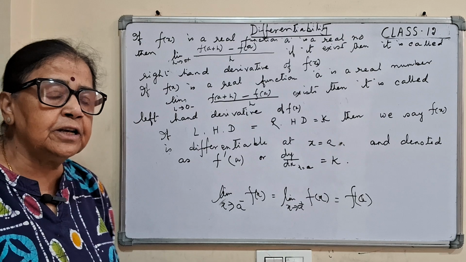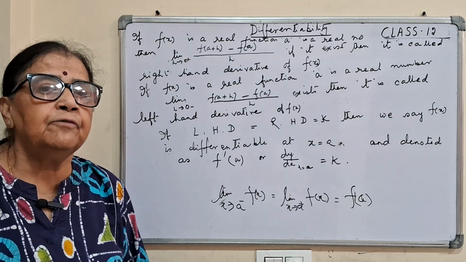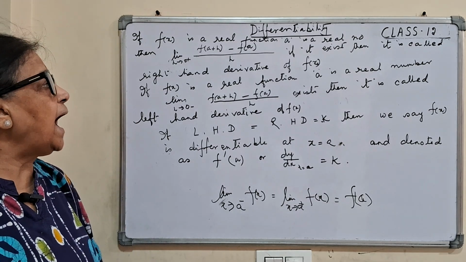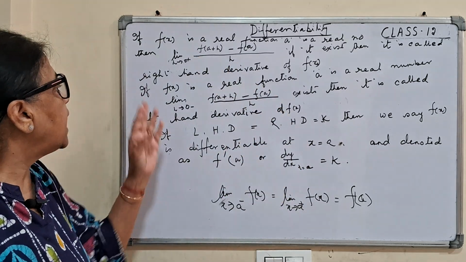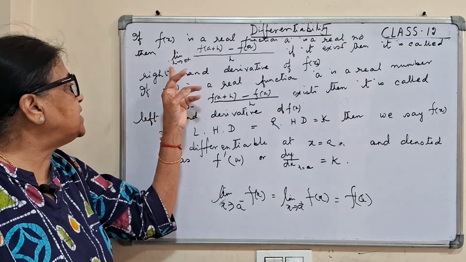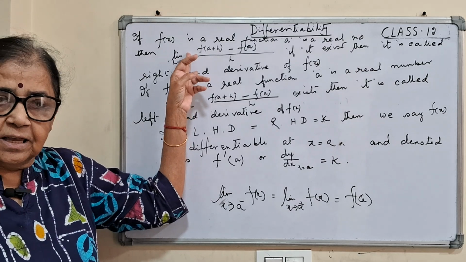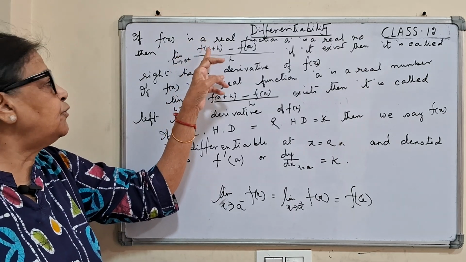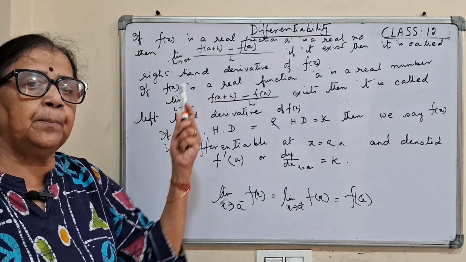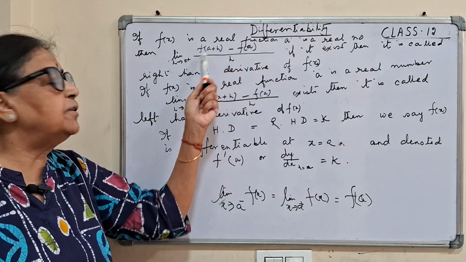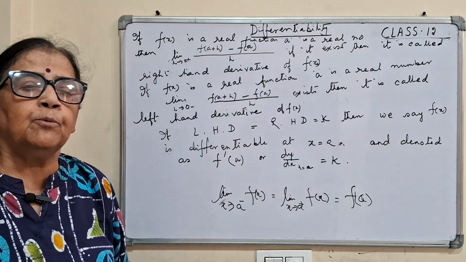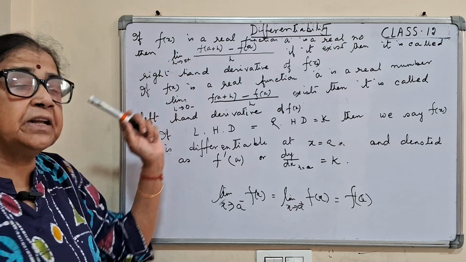If f(x) is a real function and a is a real number, then limit h tends to 0 plus of [f(a + h) - f(a)] divided by h. What is h here? h tends to 0.